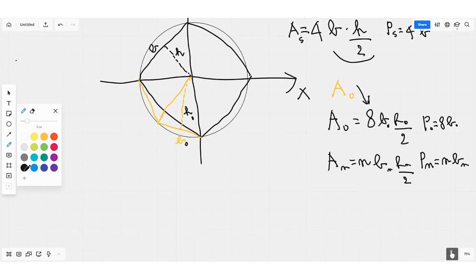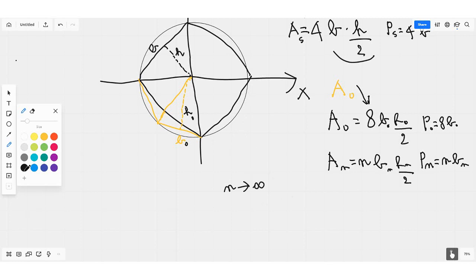But let's see what happens to the perimeter. As we increase the number of sides, let's say when n approaches infinity, the polygon will become almost indistinguishable from the circle.